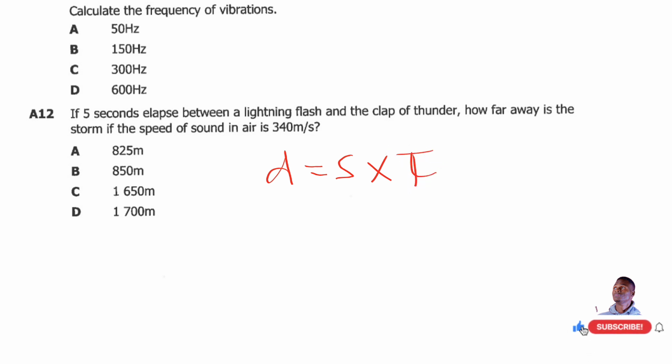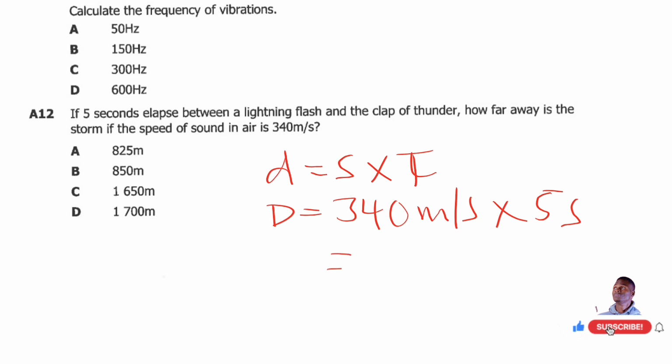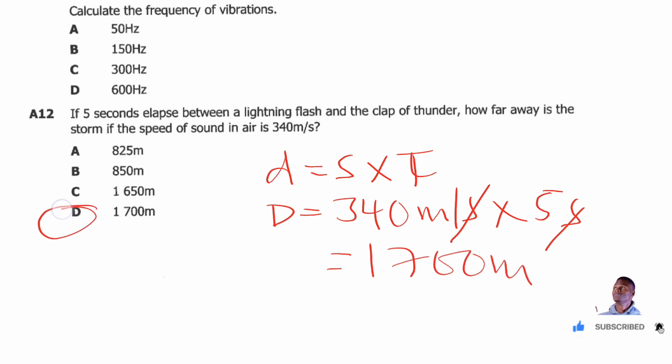Distance is equal to speed multiplied by time taken. So distance is equal to 340 meters per second multiplied by 5 seconds. Don't waste time, use a calculator. 340 multiplied by 5 is 1700. The seconds cancel, and we remain with meters. So 1700 meters. D is the best answer here.